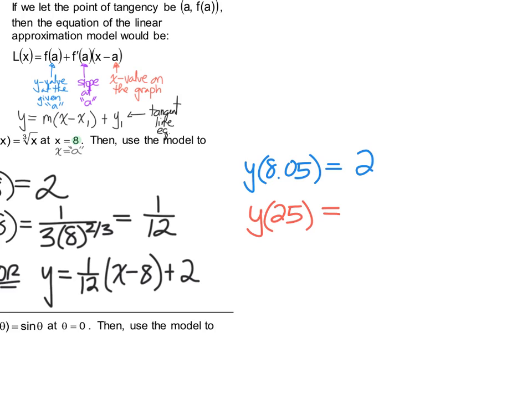So 2 plus 1/240 would be 2 and 1/240. So that would be an approximation of the cube root of 8.05.